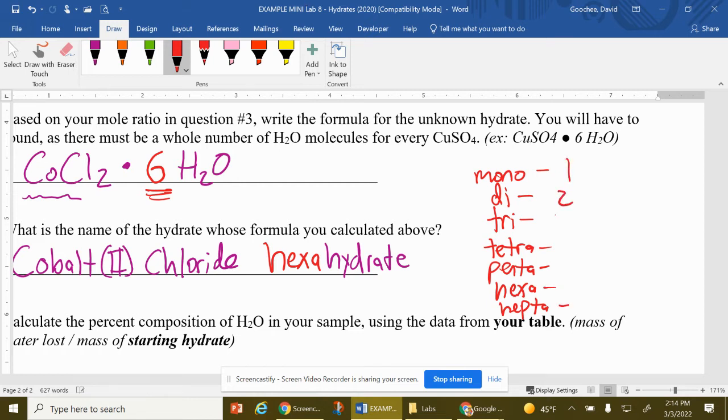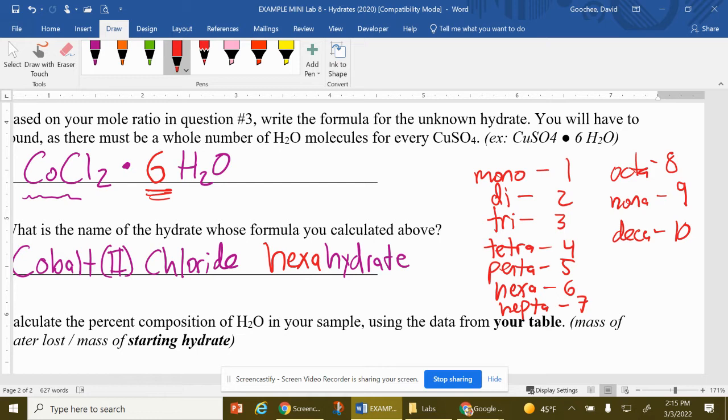This is 1, 2, 3, 4, 5, 6, 7. Octa is 8. Nona is 9. Deca is 10. And if you go past 10, well, listen, you kind of screwed up. Sorry, you shouldn't be going past 10 on this. You'd be wildly inaccurate.